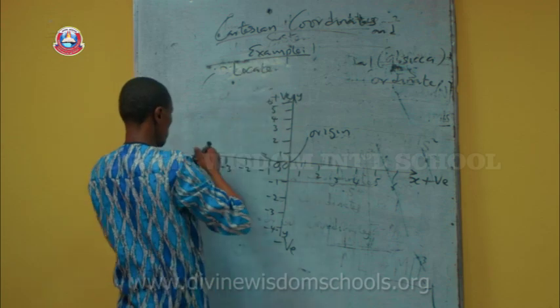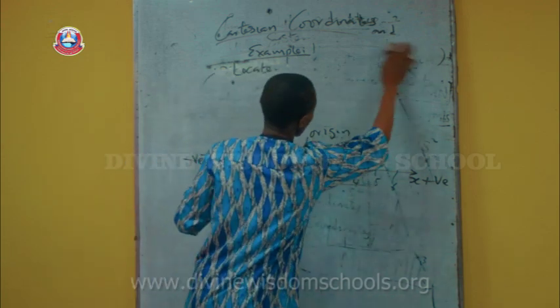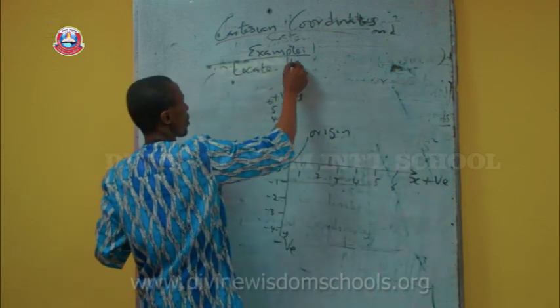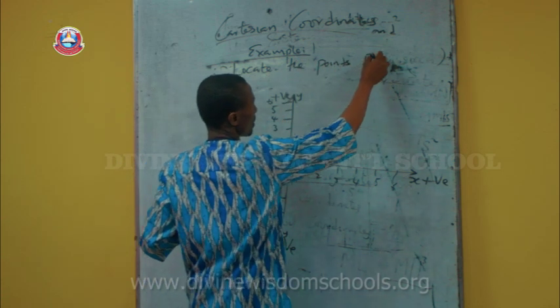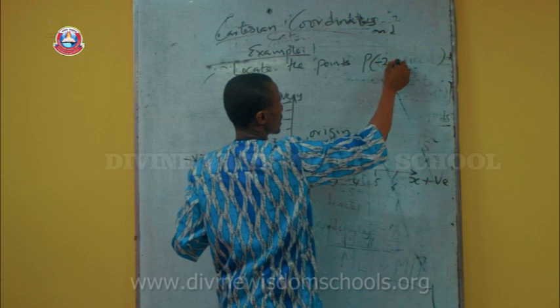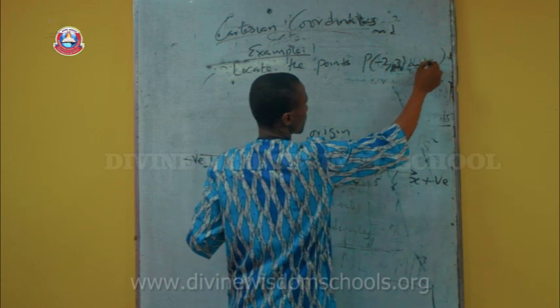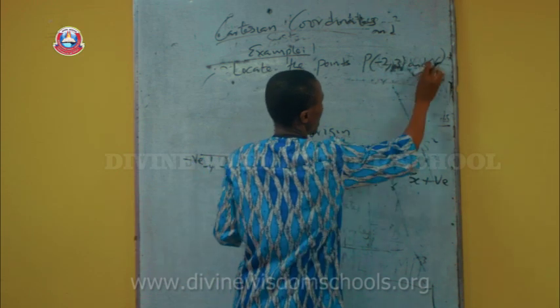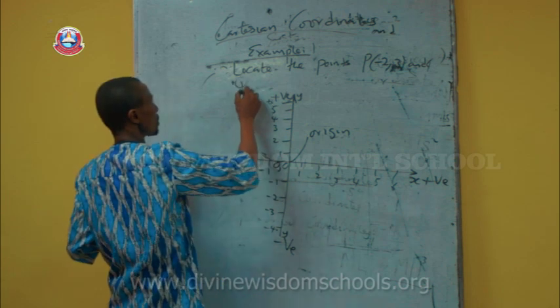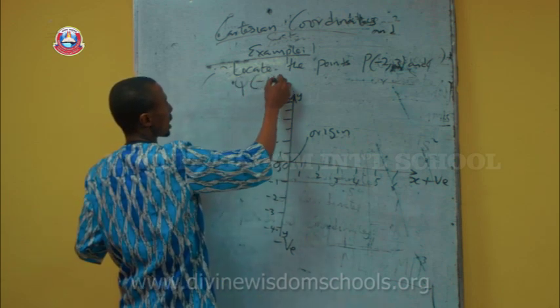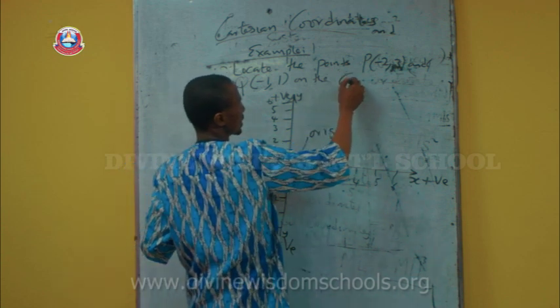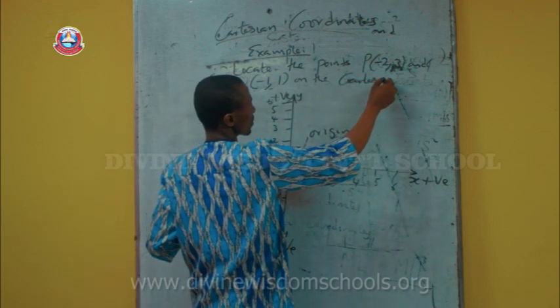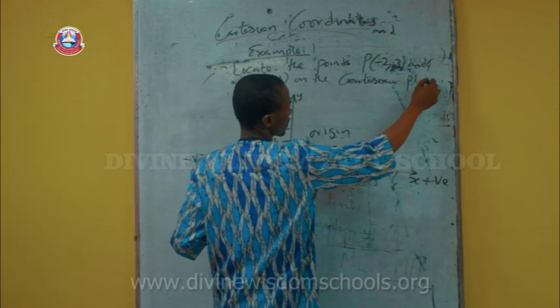Locate the point P, we have -2 and 3, and Q, we have -1 and 1 on the Cartesian plane.